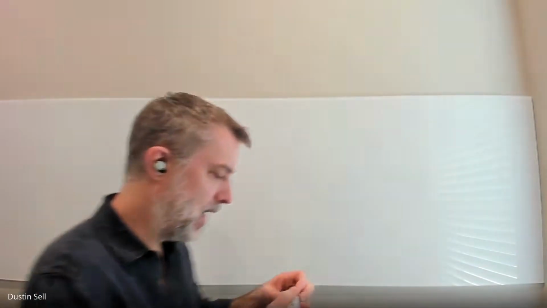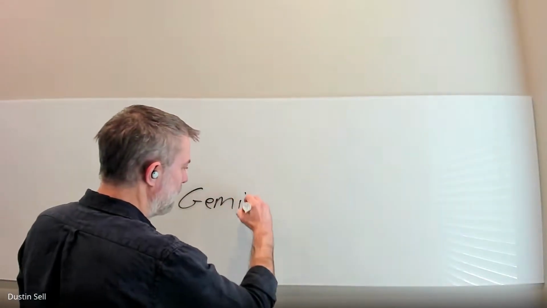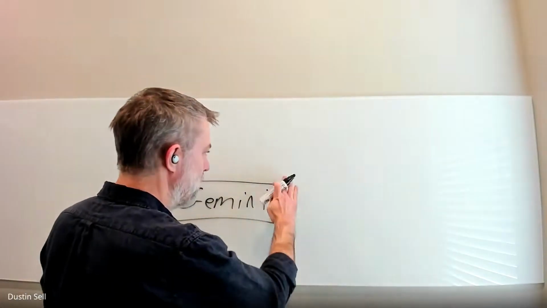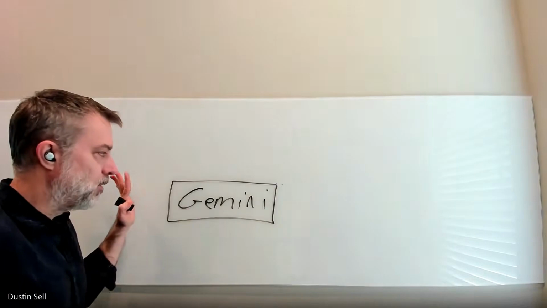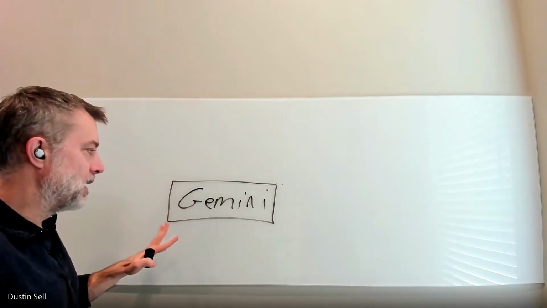But before we jump into a demo, I want to switch over to my whiteboard because there's something that's really important to understand, especially when we start looking at some of the demos. So, I had mentioned that Gemini is our state-of-the-art frontier model. There's many, many ways of accessing Gemini.